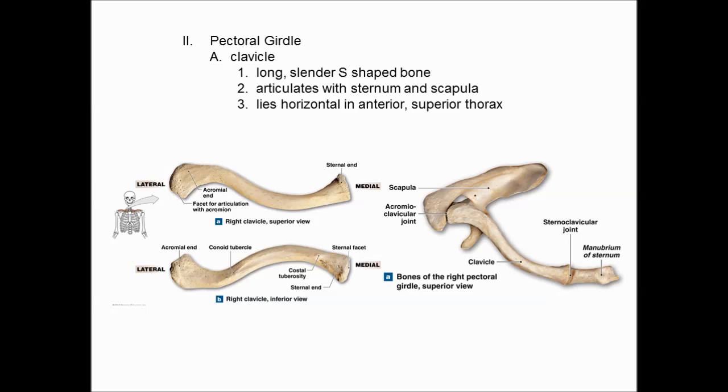And you can see here is where they call it the sternoclavicular joint on the medial aspect of the clavicle, connects to the top of the manubrium, and the lateral part of the clavicle connects to what we call the acromion process of the scapula. So they call it the acromioclavicular joint. Anterior superior thorax.